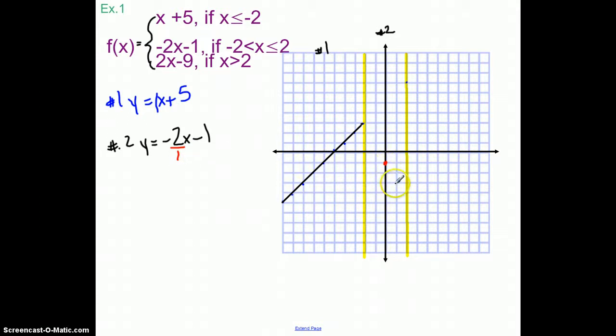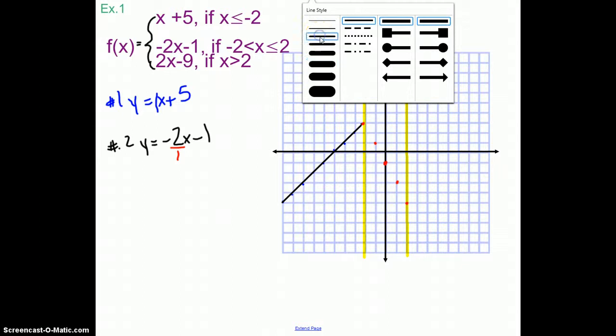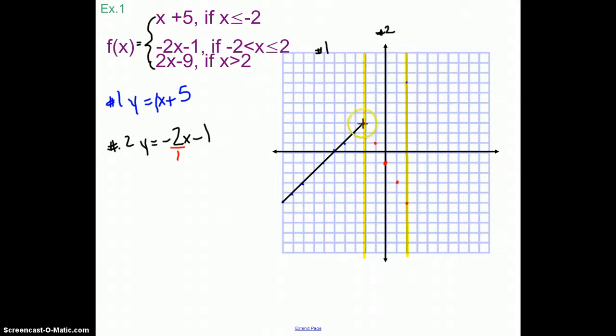So I go down 2 over 1. Now it can only be in part 2 of the graph. So when I change lines here, I'm going to change color so it's easier for you to see. There's my part 2.